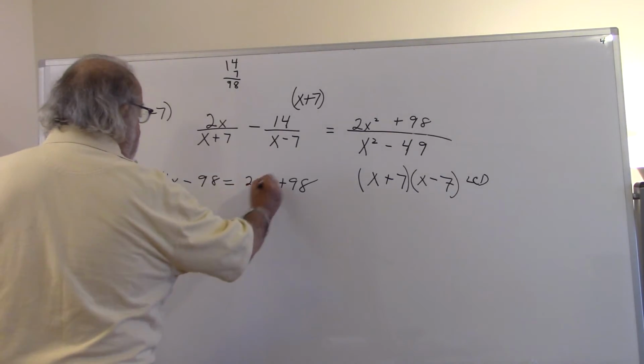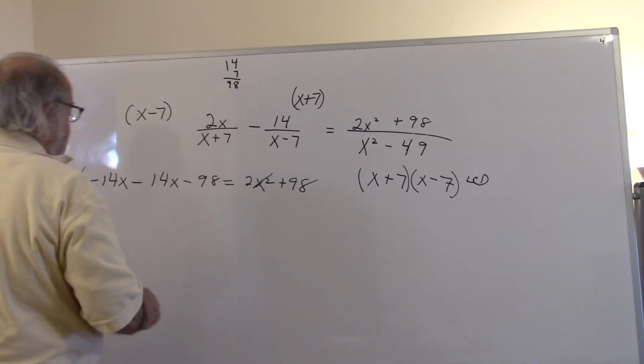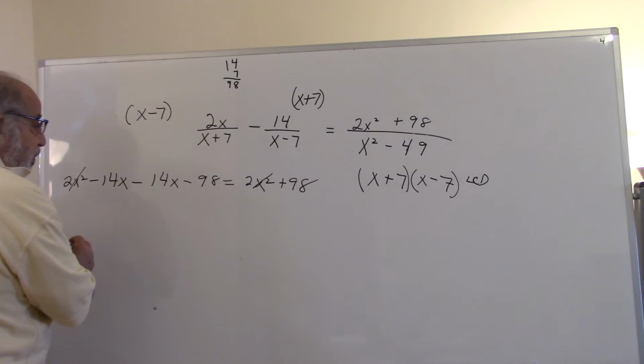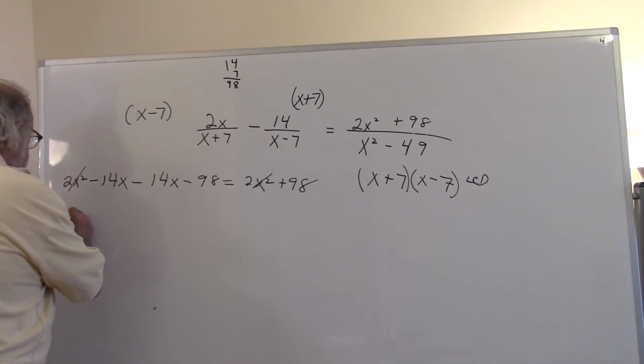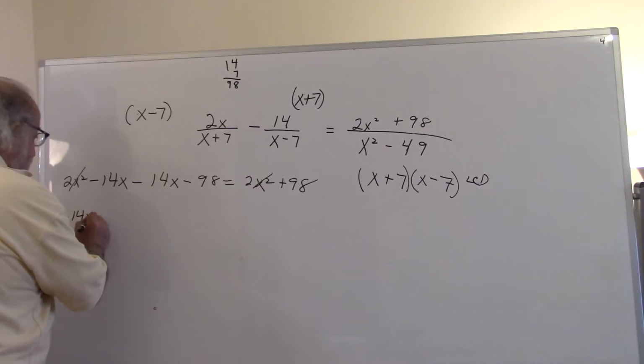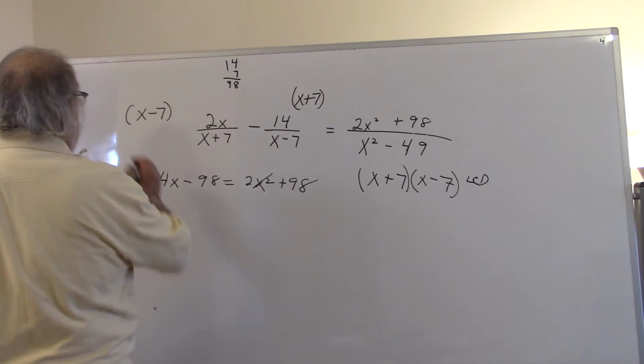Alright, so the x squared is canceled out. So now you have minus 14x, 98 times 2.